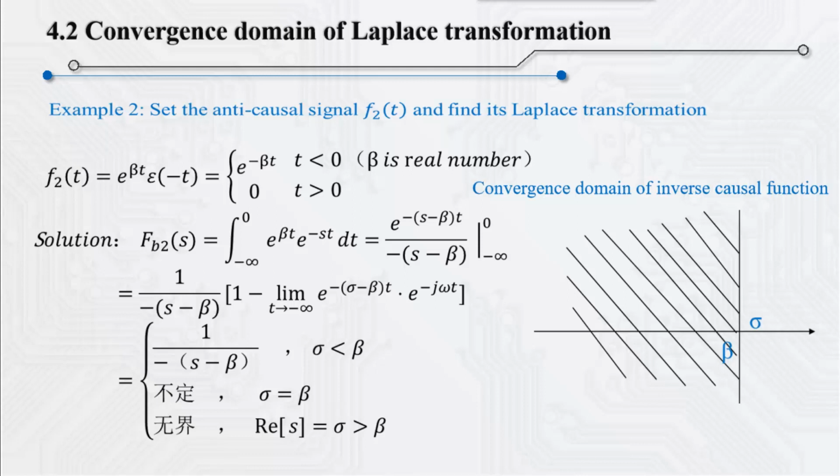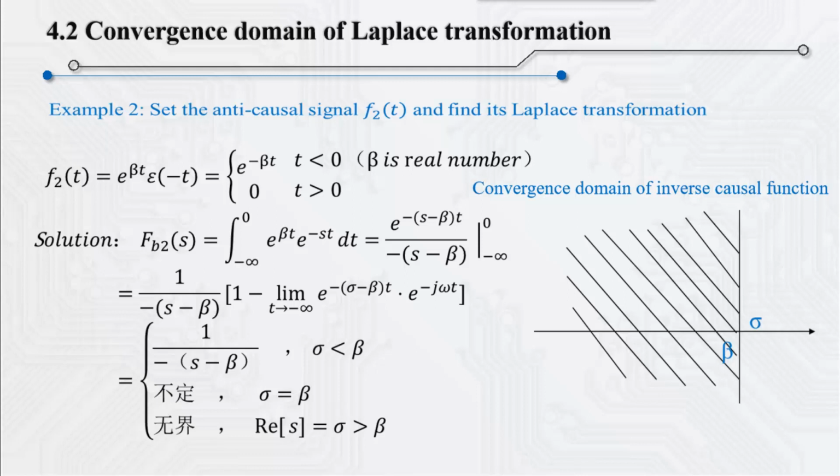So when t tends to negative infinity, and delta is less than beta, e to the power of (beta minus delta) t tends to 0, and e to the power of negative j omega t is an indeterminate number of finite values. So F(s) is then equal to 1 over (s minus beta). F(s) is an indeterminate value when delta equals beta.